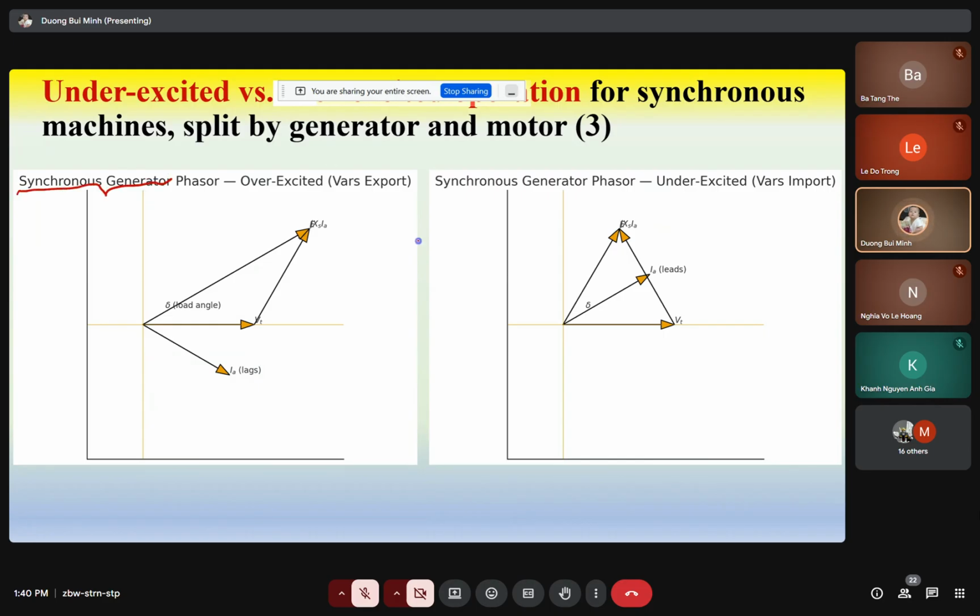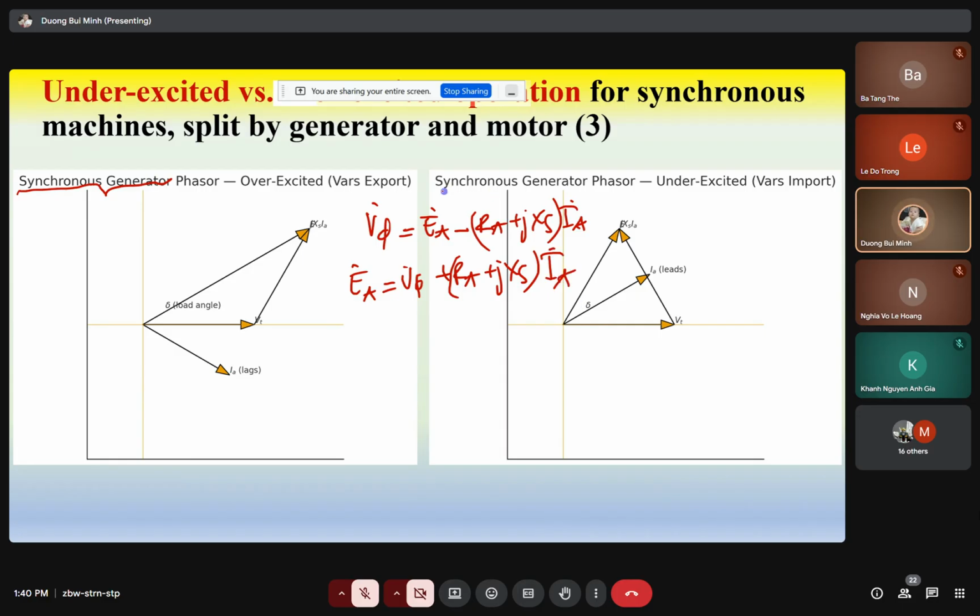Yeah, so for a synchronous generator, we have the formula EA equals V phase plus RA plus JXS times IA. Okay, yeah.